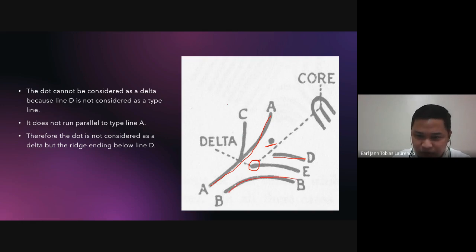Now at the point of divergence, there is a ridge exactly at the point of divergence, which is the tip of ridge E. So the tip of ridge E, which is near the point of divergence, was considered as the delta of the pattern.